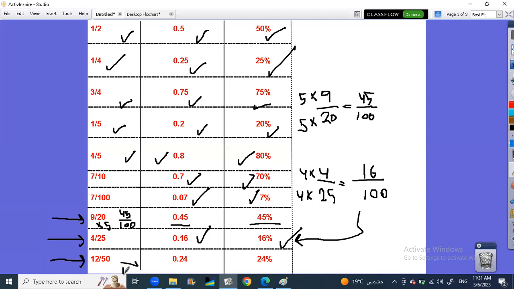Multiplying the 50 by 2 becomes 100. Then 12 times 2 is going to become 24. So like this, I changed 12 over 50 into 24 over 100, which is 0.24, which is 24%.